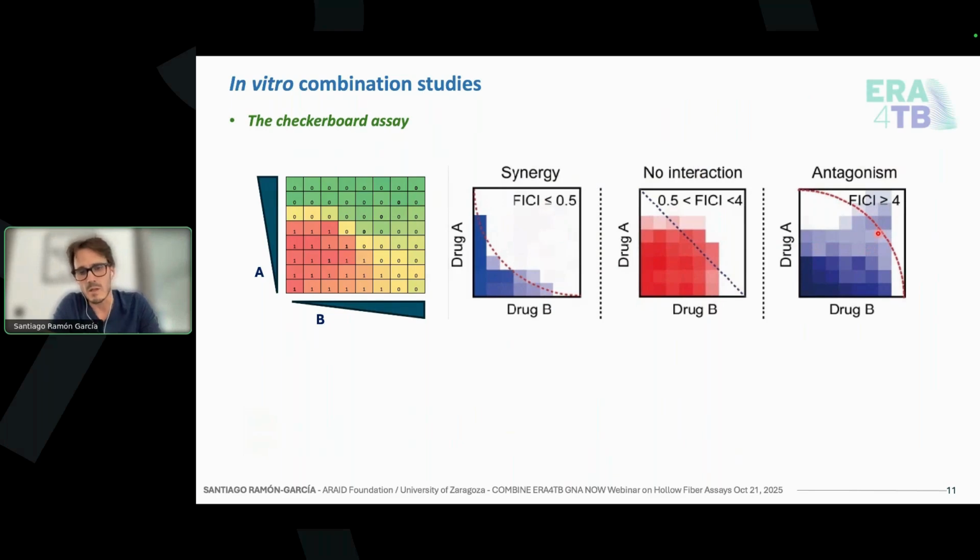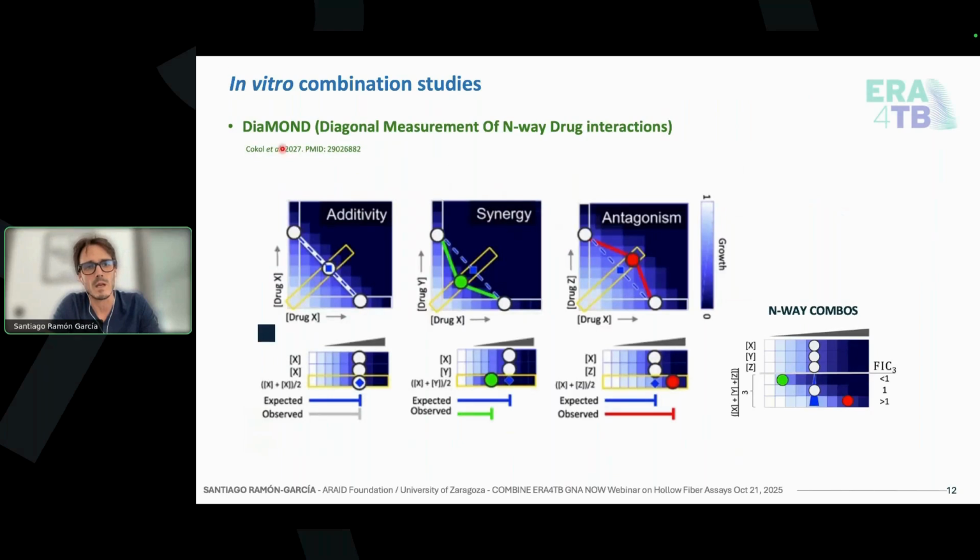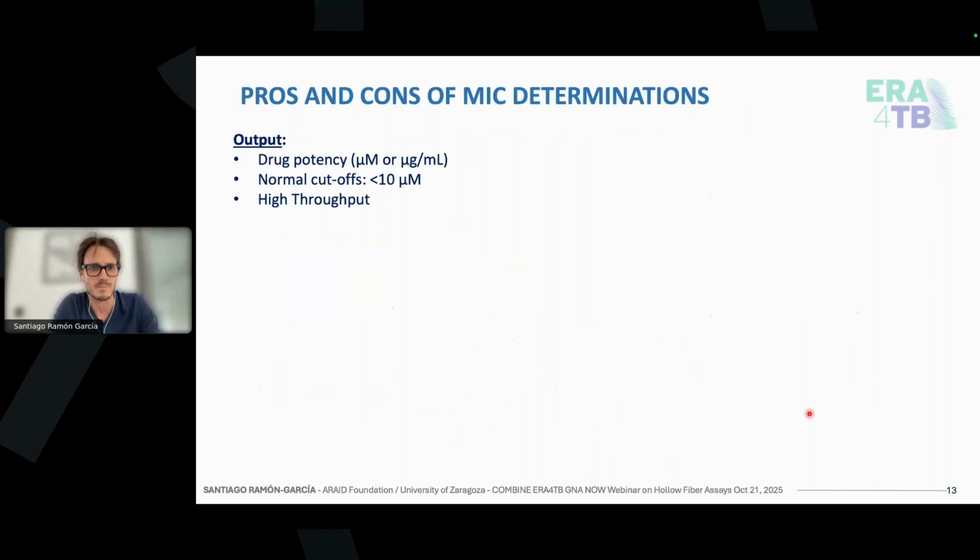This is actually quite work consuming and can be optimized using a diamond methodology that basically from the checkerboard plate, we are selecting only the dose response of drug A, the dose response of the other drug, and the equipotent drug concentration of both of them. And just by testing this, we can similarly estimate synergy, antagonism, and even test higher order. It's not just pairwise, but more drugs in the combination.